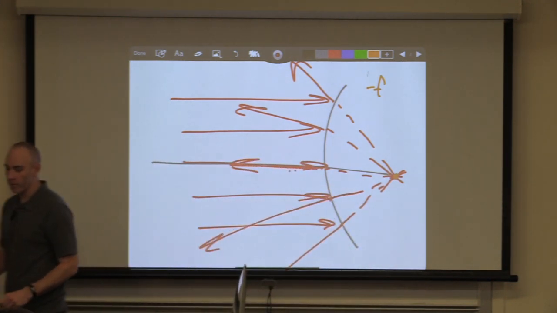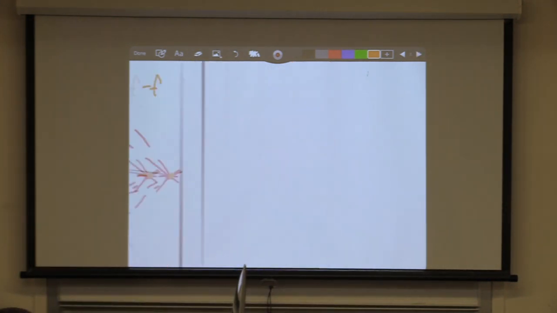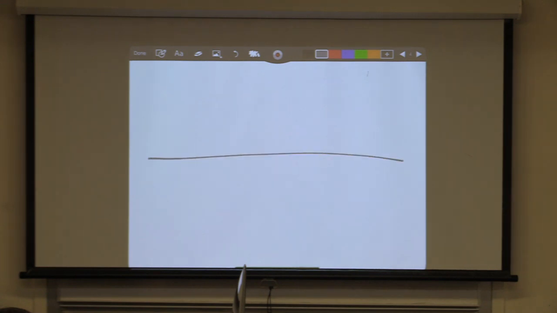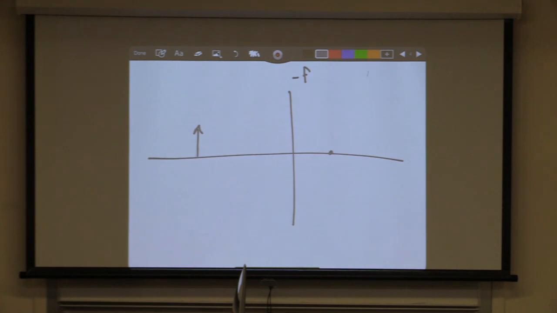The process for my ray diagrams is very similar. So I'll have a negative focal length, a convex mirror. I've got my object somewhere in front. I can draw a light ray that goes parallel to the axis, and it's going to leave directly away from the focal point.